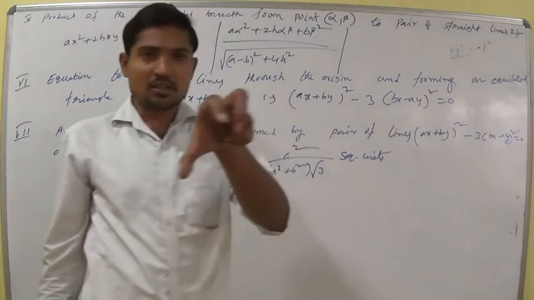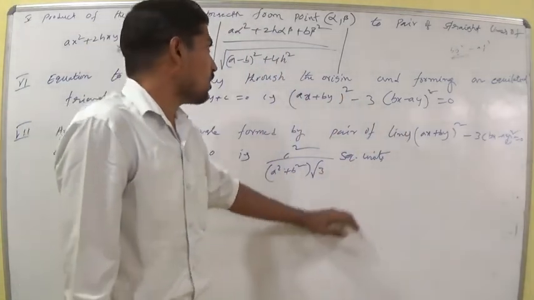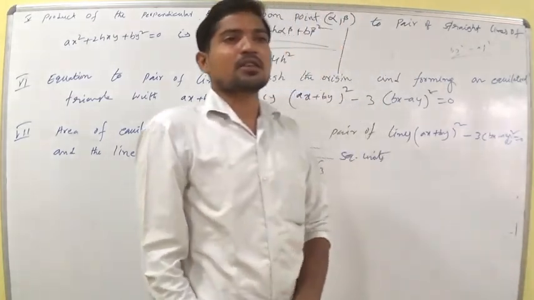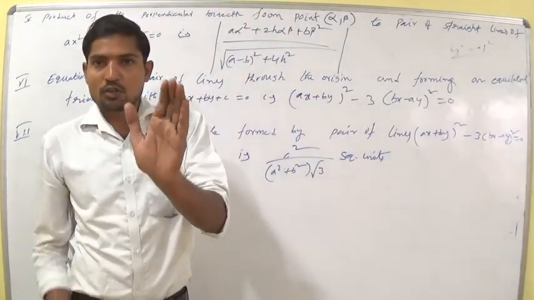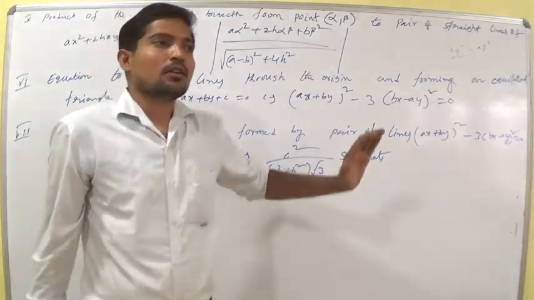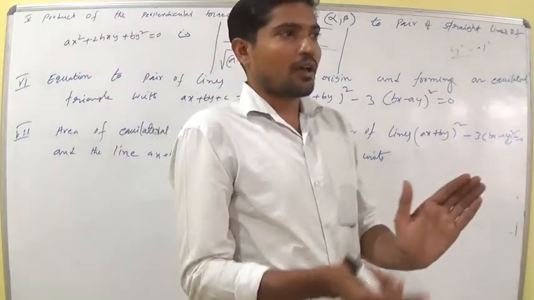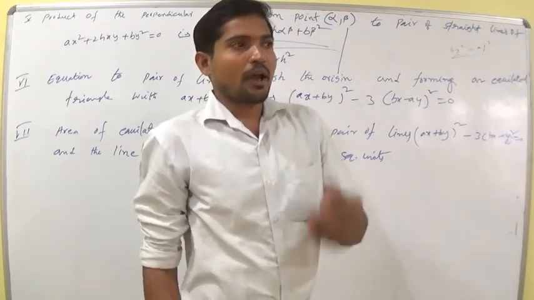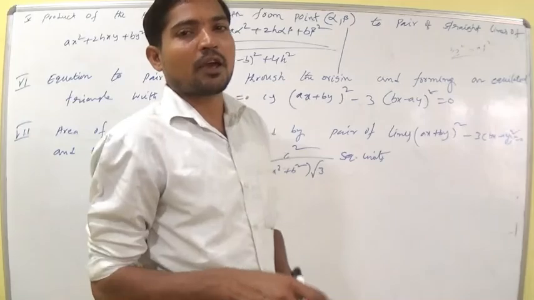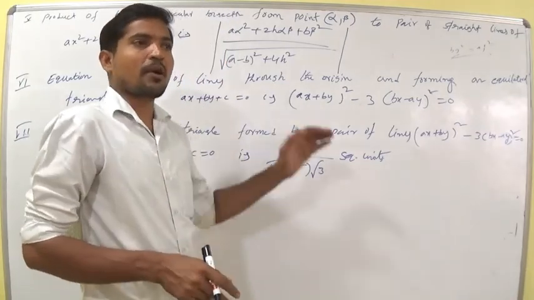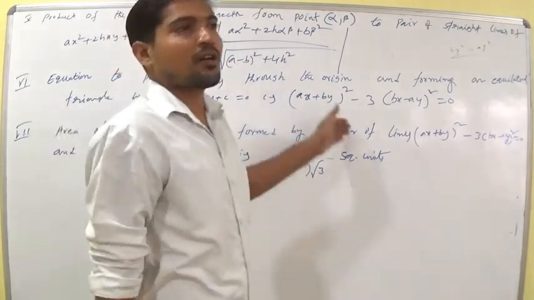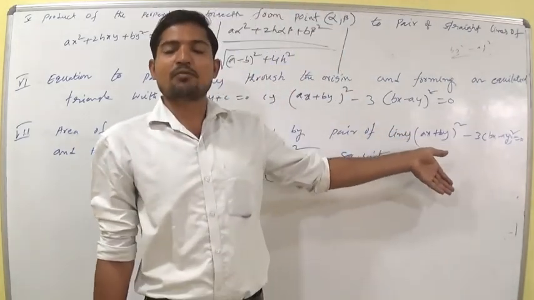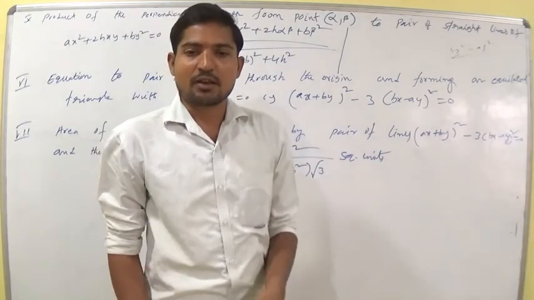Then the distance between them is equal to 2 into square root of (g square minus ac) by a into (a plus b), or 2 into square root of (f square minus bc) by a into (a plus b). And the intersecting point of the pair of lines represented by S equal to 0 is ((hf minus bg) by (ab minus h square), (gh minus af) by (ab minus h square)).